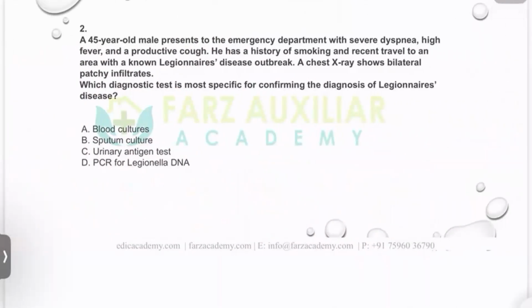Okay, next question. A 45-year-old male presents to the emergency department with severe dyspnea, high fever and productive cough. He has a history of smoking and recent travel to a country with a Legionella disease outbreak. A chest X-ray shows bilateral patchy infiltrates.